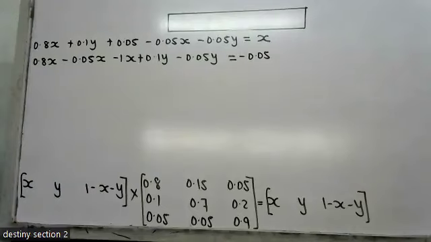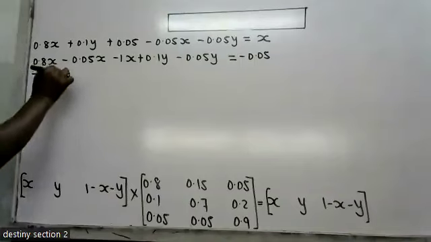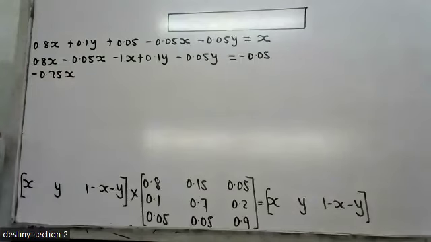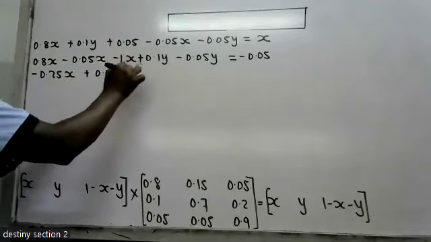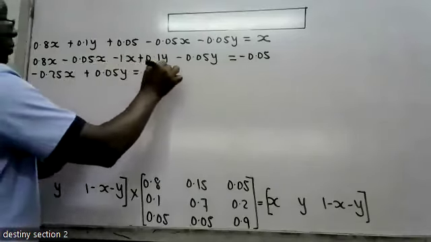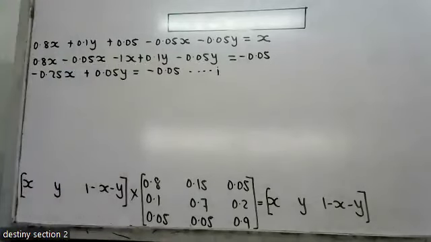So 0.8 minus 0.05 minus 1 is negative 0.25x. Alafu 0.1 minus 0.05 is plus 0.05y is equal to minus 0.05. And this one we call it equation number 1.